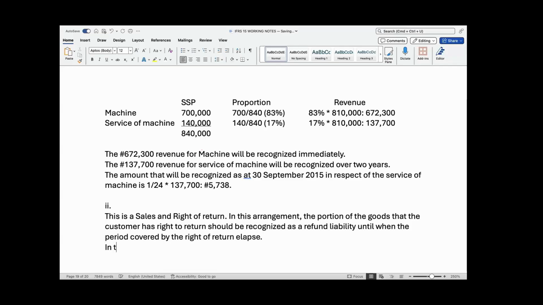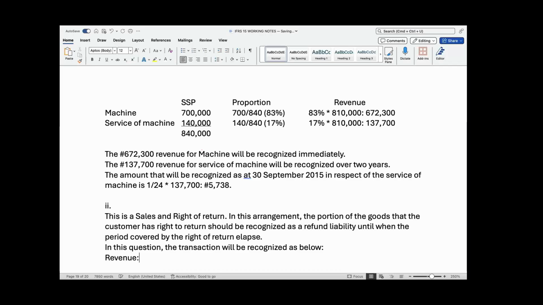So in this question, the transaction will be recognized as below.